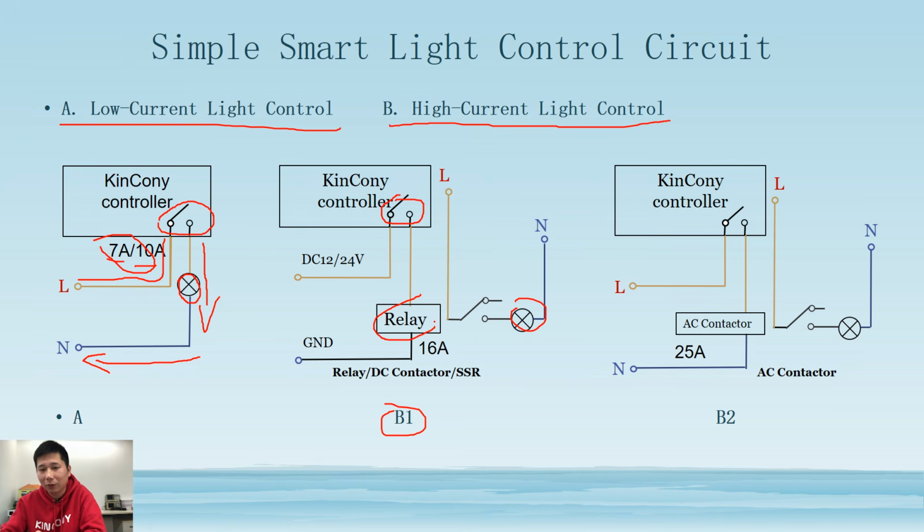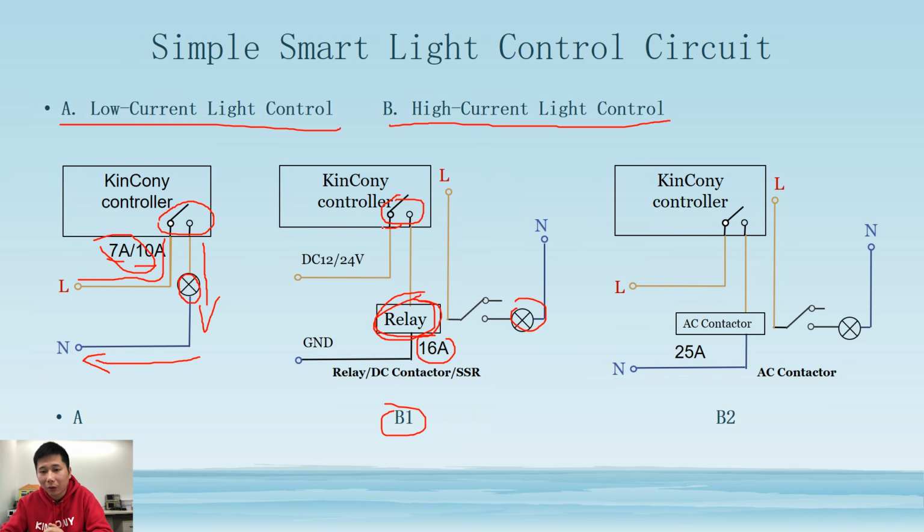If you choose a 16 ampere relay, your lamp current can be up to 16 ampere. If you have a very big lamp, maybe 20 ampere or 30 ampere, you just need to replace this external relay and choose a suitable value for your lamp.